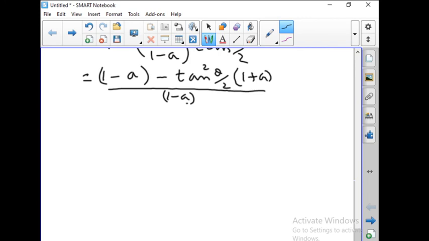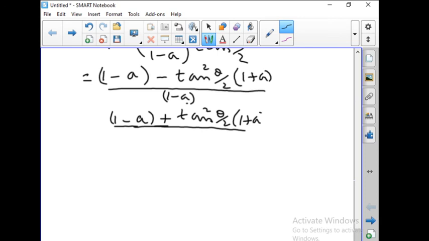So here we have 1 minus tan square theta by 2, because LCM is 1 minus a again, so 1 minus a, then minus, plus tan square theta by 2 into 1 plus a by 1 minus a. So this gets cancelled. So what is remaining?